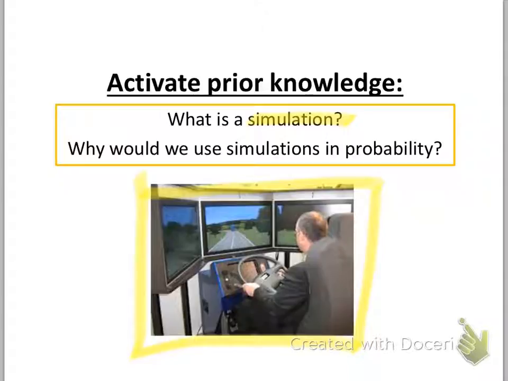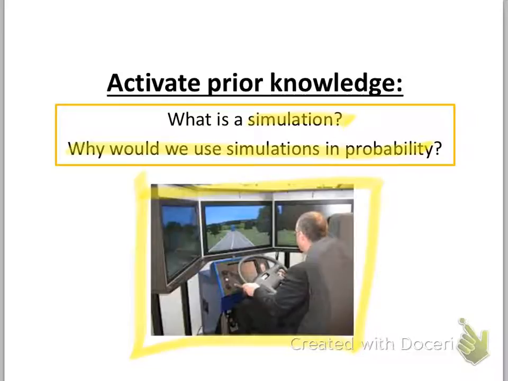We are very familiar with simulations in terms of video games, driving a car, driving an airplane. You've got those cool 3D glass things that you can wear nowadays that simulate being around dinosaurs or whatever have you. But why would we use a simulation in probability?